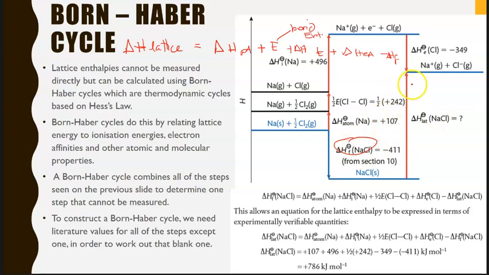So we can find this here by adding up all these values that we get from the data booklet and subtracting this one here. So we add all these together. We're going to add that one in, which is going to be negative, and we're going to subtract that. So we will end up with that value overall there.